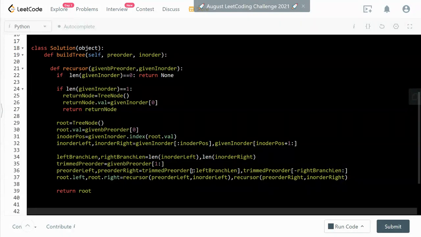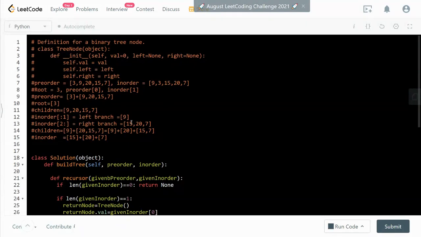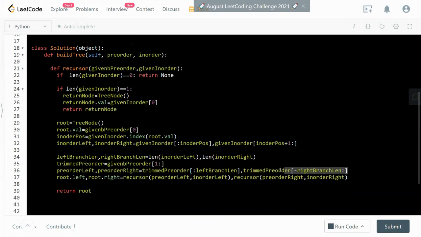So it will be the length from the left. Basically we are grabbing, for example, this one, and we know the length is going to be 1, so we're grabbing only that element. And for the right branch, we come from the right, and this is exactly the length that we need for 3 elements. And that's exactly doing that, right?